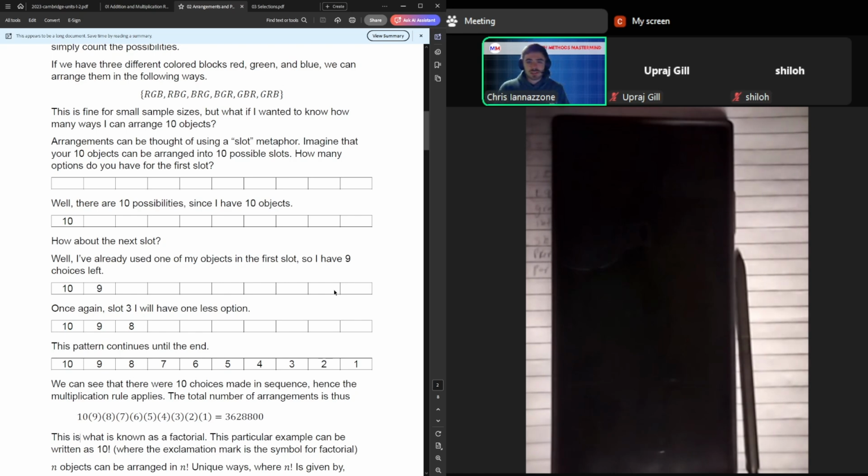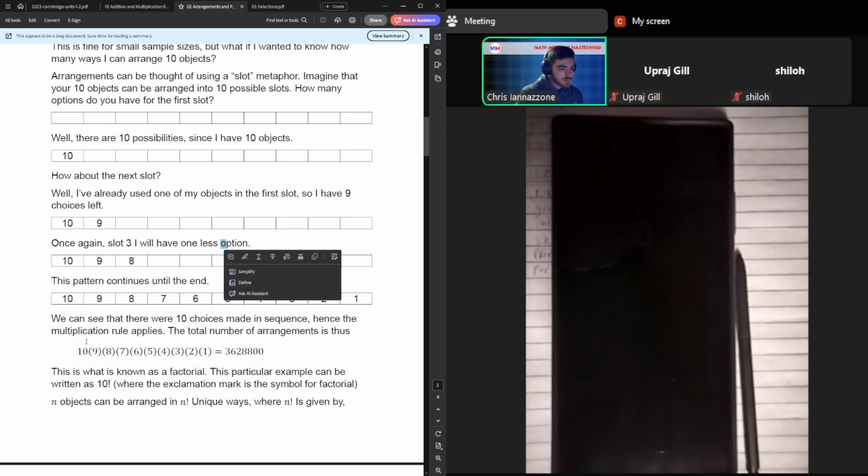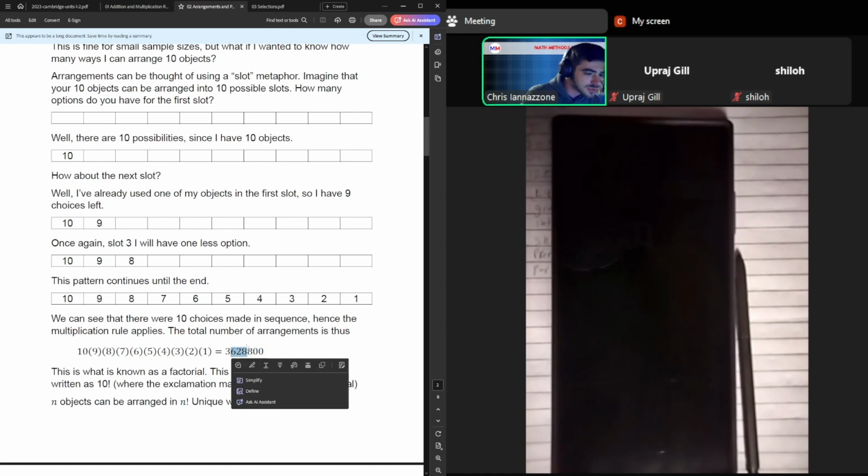Now the trick here is that these are choices made in sequence. You can think of it as saying, I've got 10 choices for that first one, then I've got 9 choices for the second, then I've got 8 for the third. It's all being made in sequence. Hence, we take all these numbers and just multiply them together. And that's going to give us that 3.6 million.